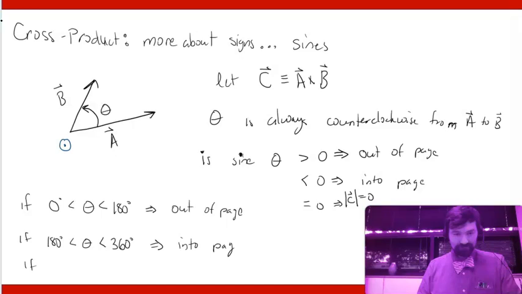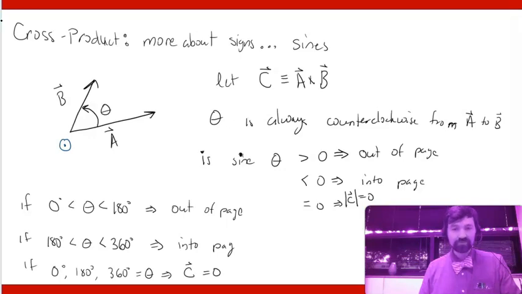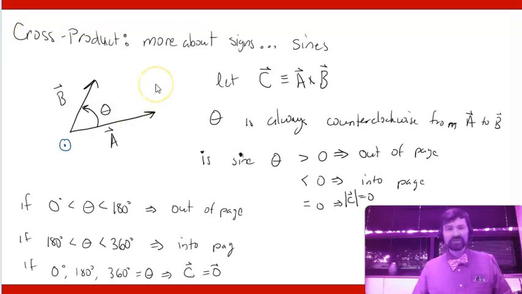And if theta is 0 degrees, 180 degrees, or 360 degrees, then C is 0. Okay, so that's another way of looking at cross products if you have something that's easily defined within your two-dimensional page.